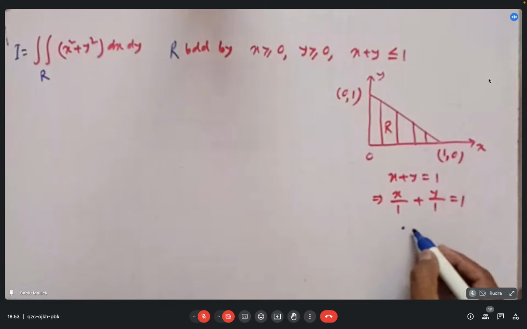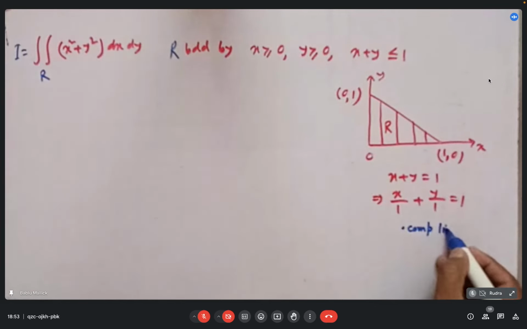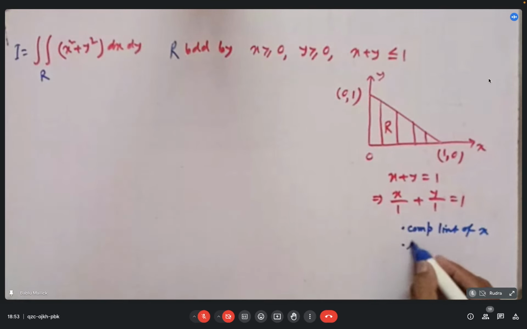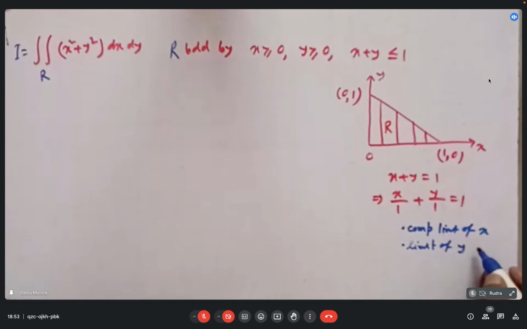Find the complete limit of x, and secondly, find the limit of y in terms of x.